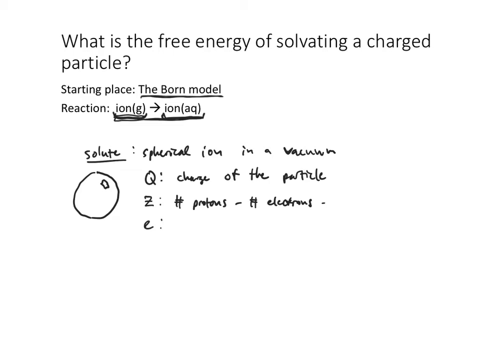And then the variable little e, this is not e raised to the power of x, or Euler's number. This is the proton charge. And you can find that constant in the front of your book. Notice that the charge of this ion is going to be equal to the excess number of protons that we have multiplied times that proton charge. Okay? Then we also have the radius of the ion.